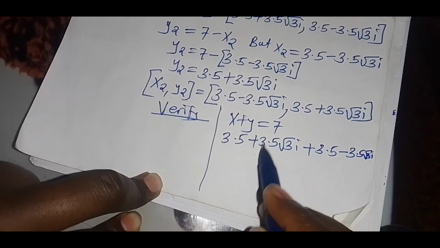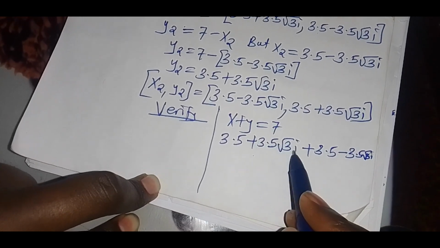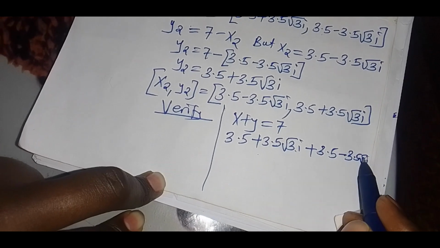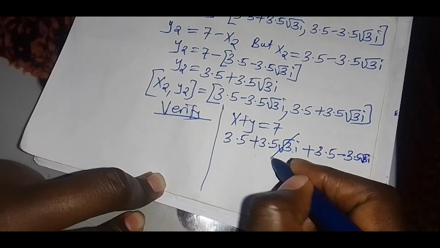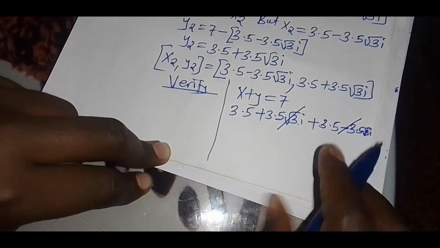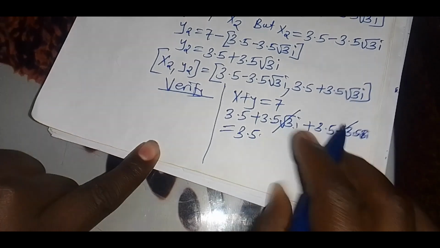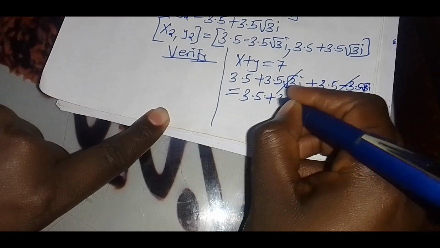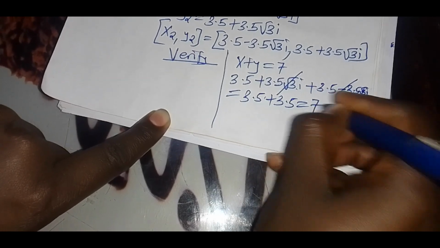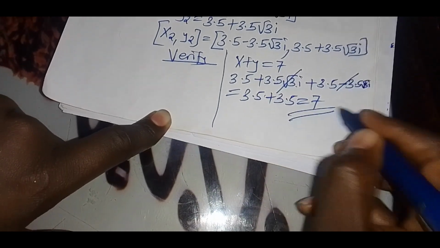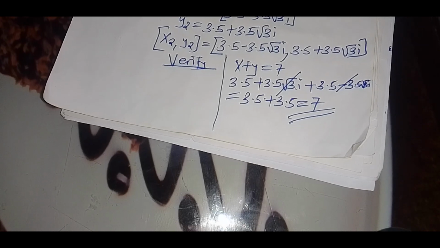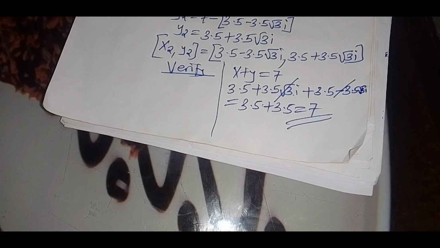This part and this part cancel out, so that we'll have 3.5 plus 3.5, which is equal to 7. And that verifies that we have the actual set of values for x1 y1 and x2 y2.